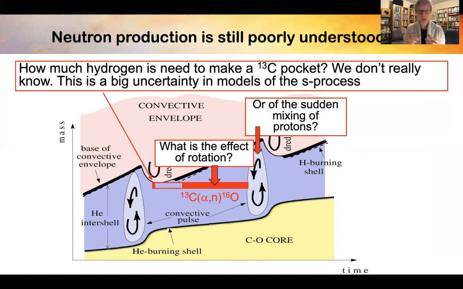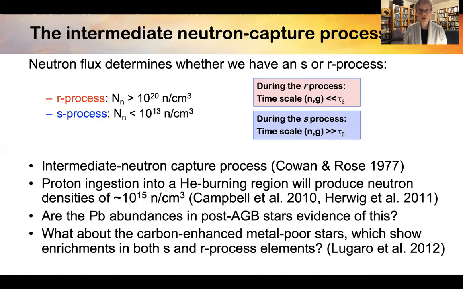What if the energy from that thermal pulse mixes some protons into a convective helium burning region very suddenly? What happens? It can lead to neutron densities on the order of 10 to the 15 neutrons per cubic centimeter. So you're producing neutrons at a much, much higher density than you do through the traditional S process.